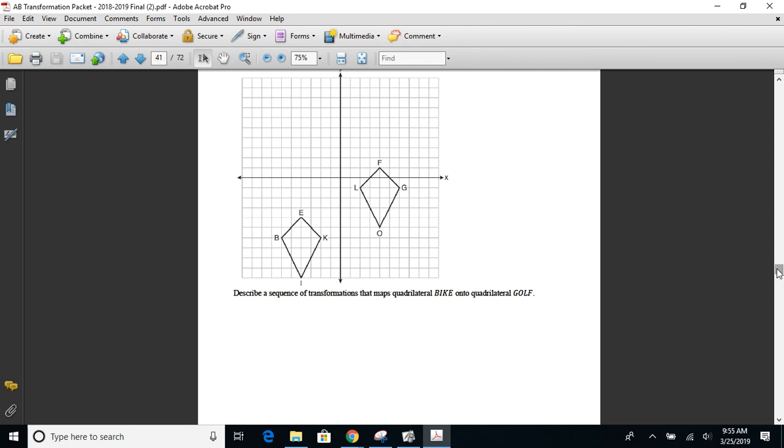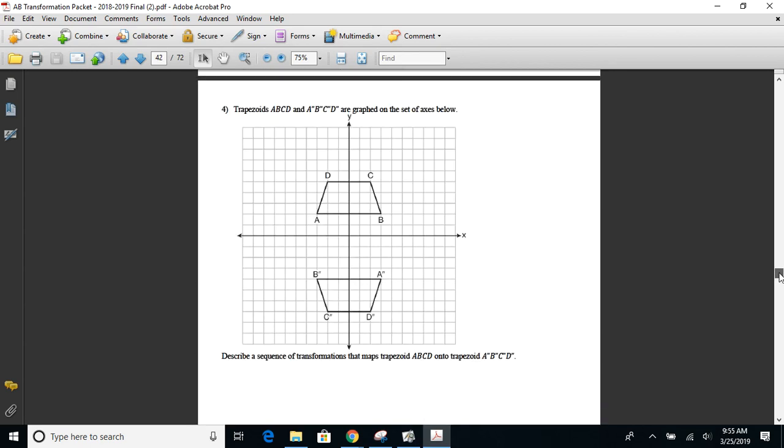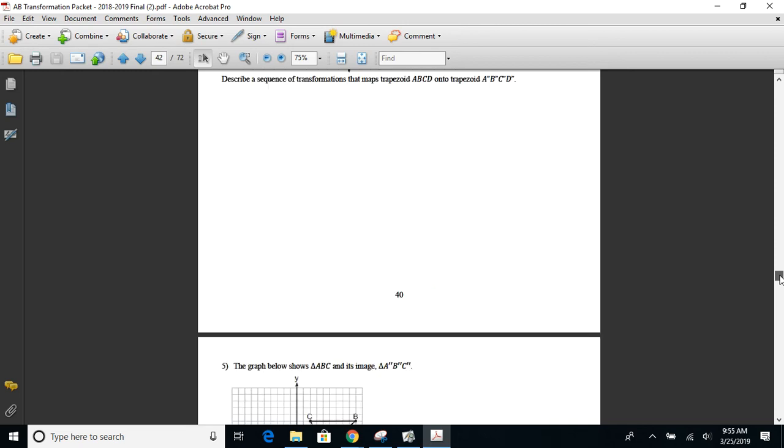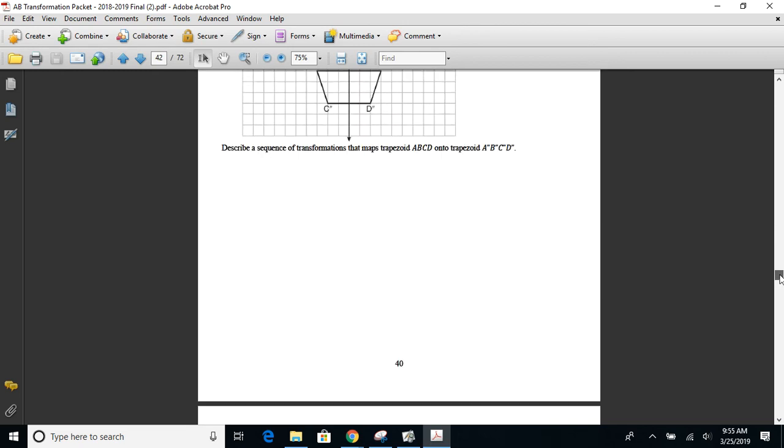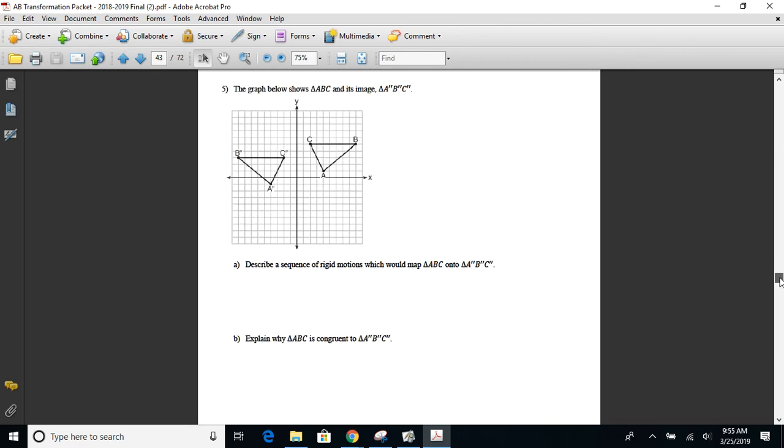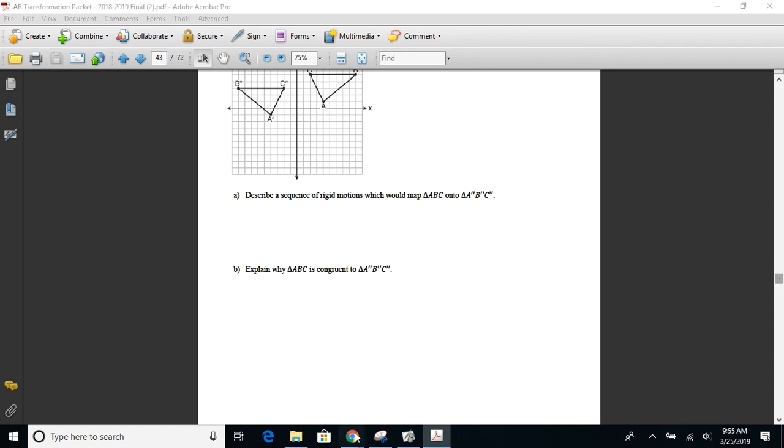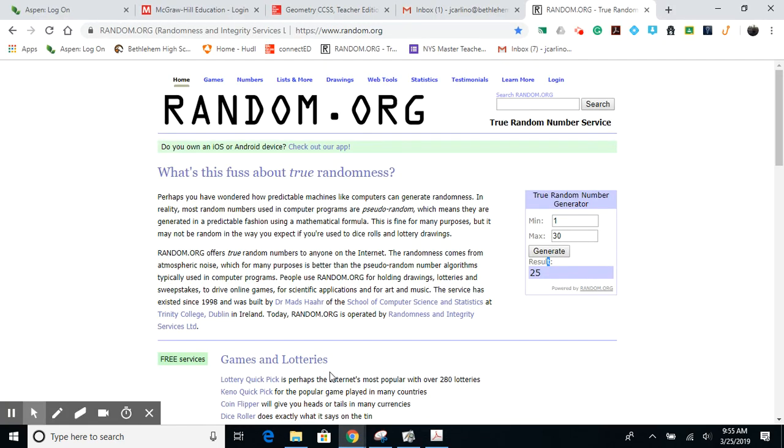I just want you to describe a sequence of transformations that maps one onto the other. You don't need the big explanation on number 3, but you should give me 2 or more that map it onto each other. And then for 4, you're going to give it and prove that they're congruent. Please read the directions carefully. Sometimes I just want the transformations. Sometimes I want the transformations and why they're congruent.